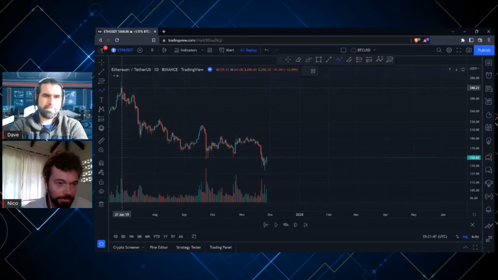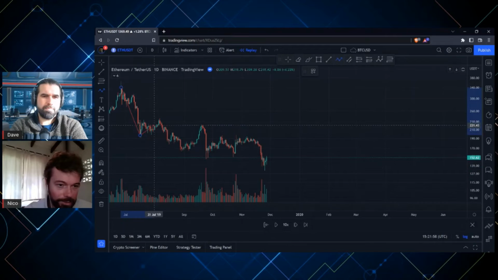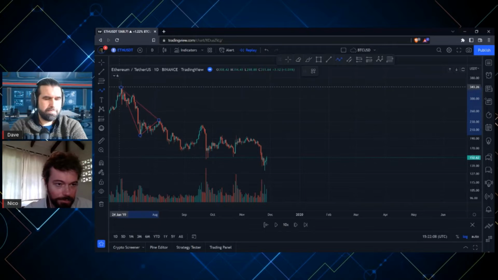That was our higher point. We start from here and we create a low, so that's an impulsive move. Then a pullback. This time the pullback is coming back up because we're in a downtrend. We don't want to see this pullback going above our previous high, which is not the case here.